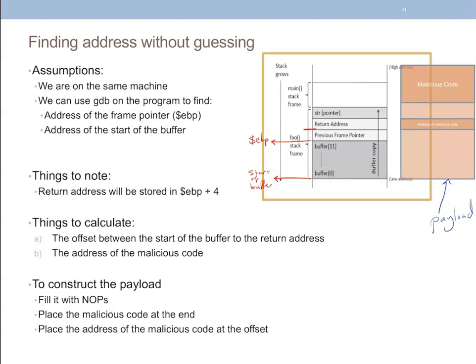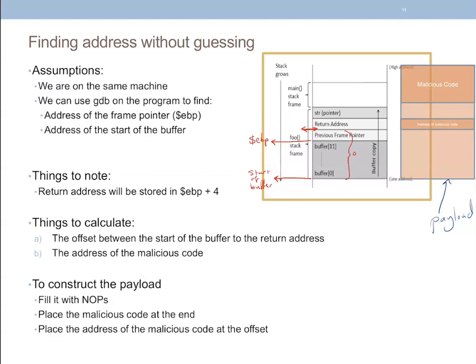So we know our return address, all right? What we need to calculate is the offset between the start of the buffer and the return address, right? We need to know this offset. I'm going to draw that. So this is the offset, right? Let's go all the way to the start of the buffer.